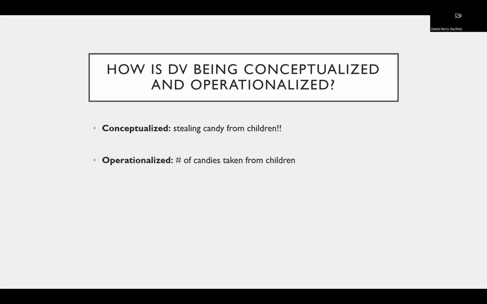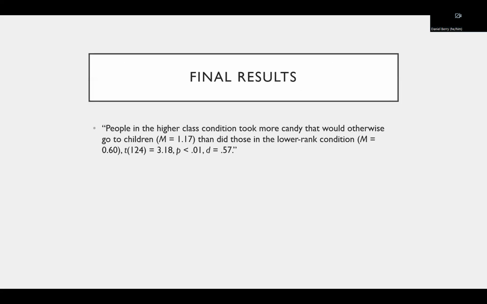So this was operationalized as the number of candies taken from children. And they found here that those who were put into the higher class condition ended up taking more candy than the folks who were in the lower class condition. Fun stuff.